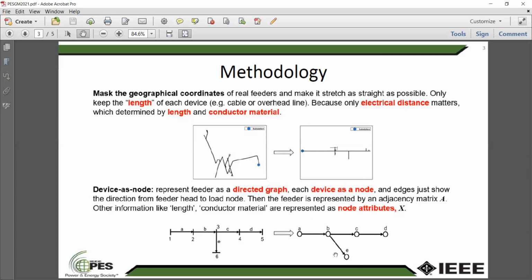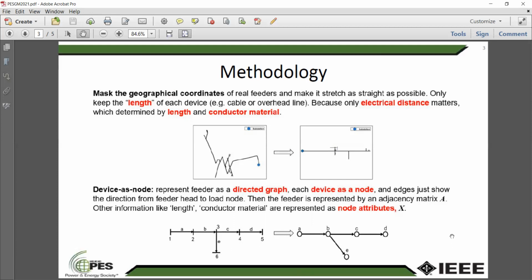For a feeder, we can represent the connection relationships as the adjacency matrix A, and for attributes like how long the overhead line is and what the material of the conductors is, we represent them as node attributes, as a matrix X. So a graph of the feeder can be represented as the matrices A and X.